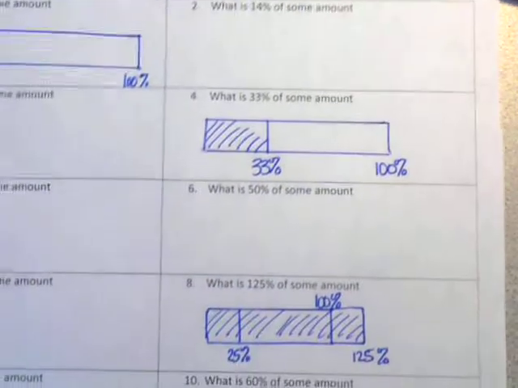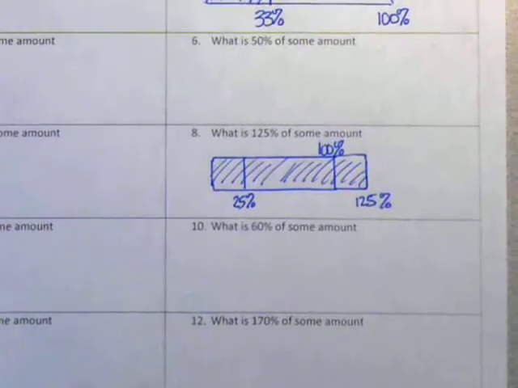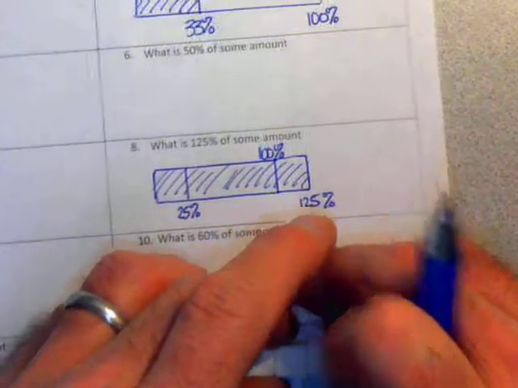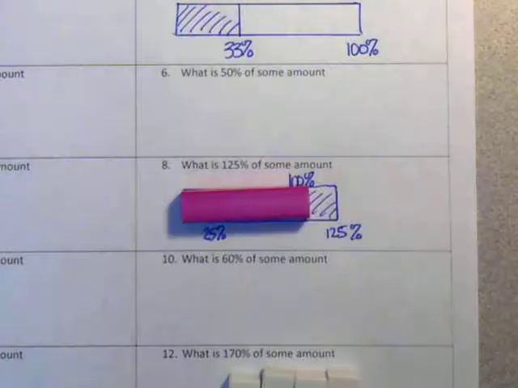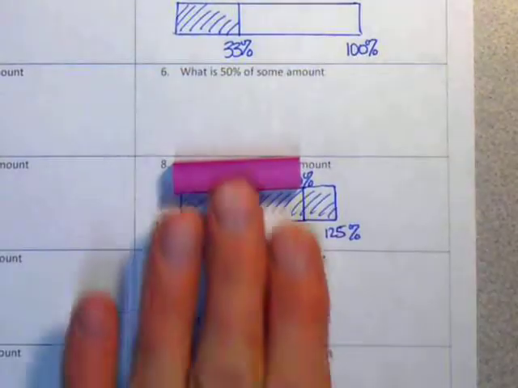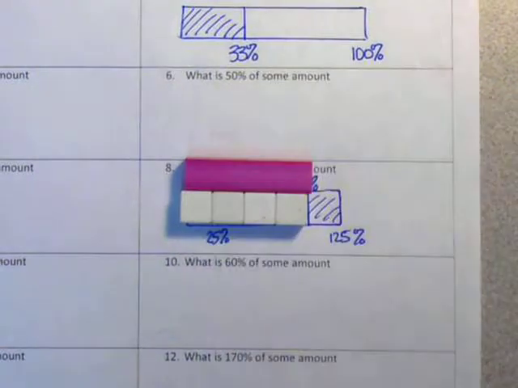And the last example that I have is my 125%. In order to do my 125%, I chose to use a light purple. That's my 100%. And then I could put my 4 whites on.